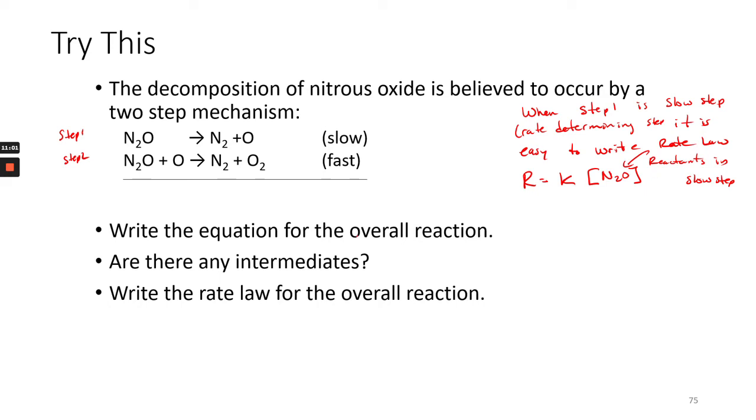So write the equation for the overall reaction. When I add up these two steps, I will get my complete chemical reaction of what's going on. So when I add them up, I have to cancel out elements that are on either side of the arrows. If they are on the same side of the arrow, you add them together.